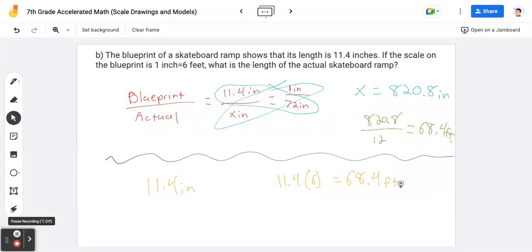So if the scale is given to you like that, you could use either method. Just make sure that the method you're using makes sense. We're always going to take a look back and make sense of our answers. All right, and there it is.